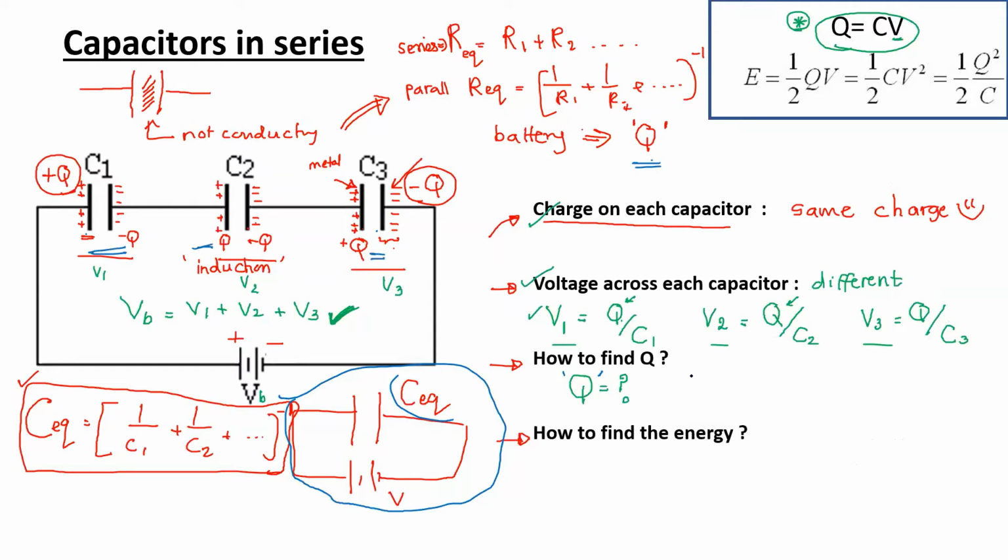So for this, we will use Q equals CV, but we will use the equivalent capacitance for the C. And for the voltage, we know it is the voltage of the battery, right? Across the equivalent capacitor, we have the voltage of the battery, VB.